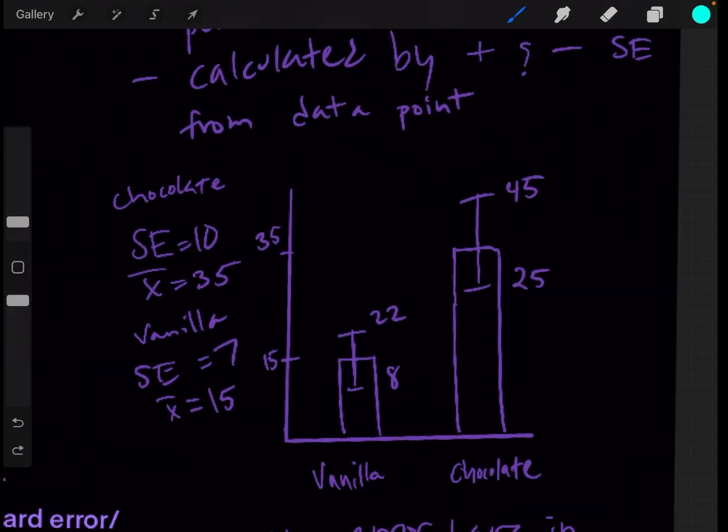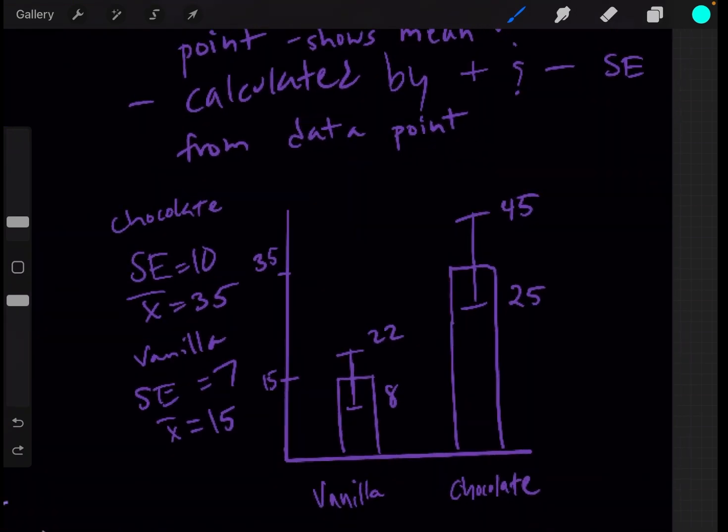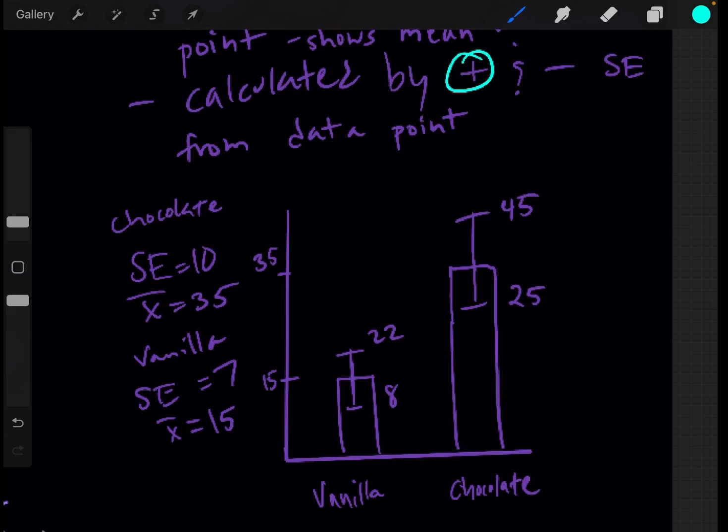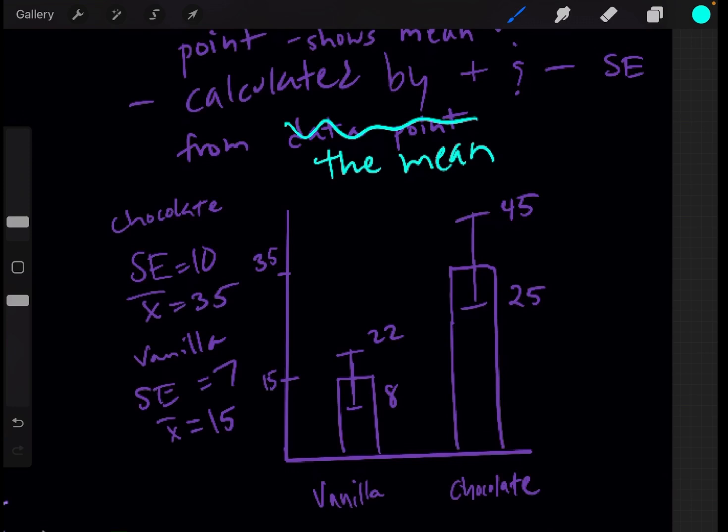So if we have in our example here, this should be adding and subtracting the standard error from the mean. That's what it should have been. So if we have a sample graph here, maybe this is a poll of who likes vanilla ice cream better than chocolate, or chocolate better than vanilla.